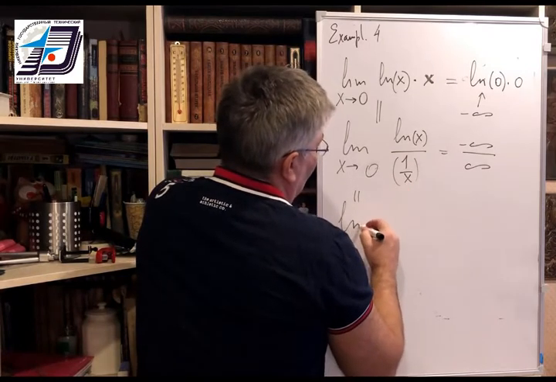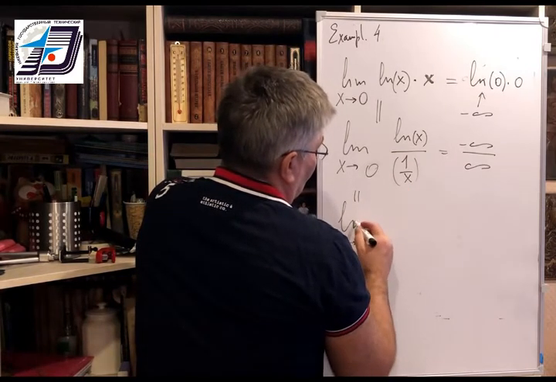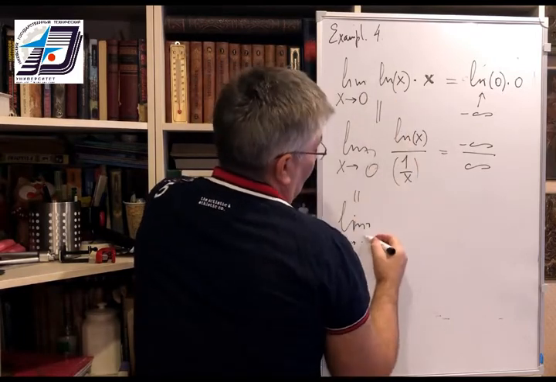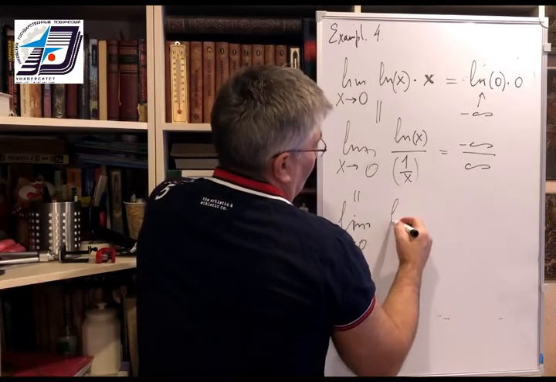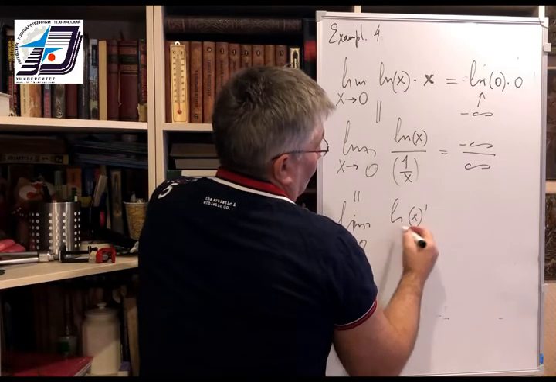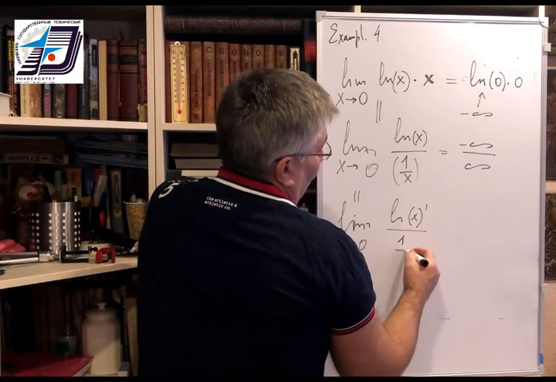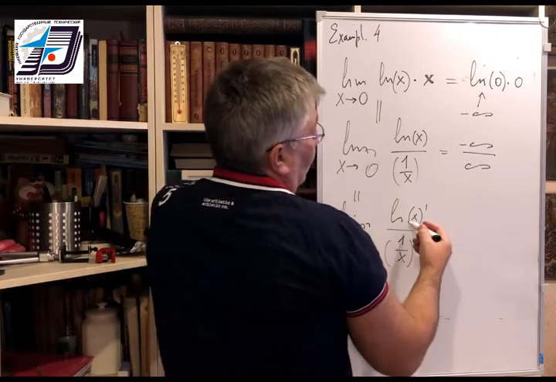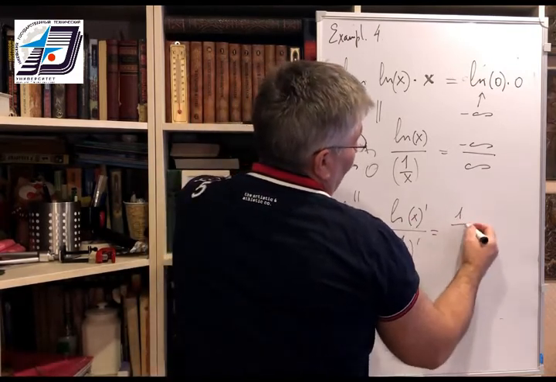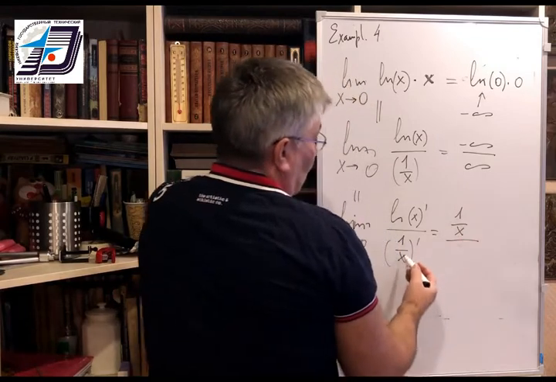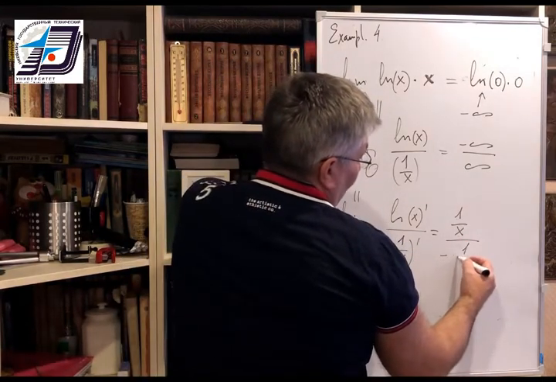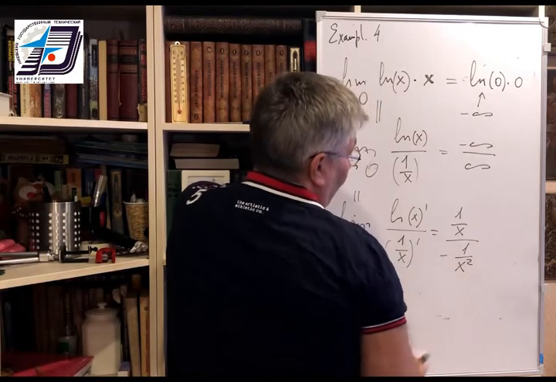It is limit x tends to 0 of the derivative of ln x over the derivative of 1 over x. You know that the derivative of ln gives you 1 over x. The derivative of 1 over x gives minus 1 over x squared.